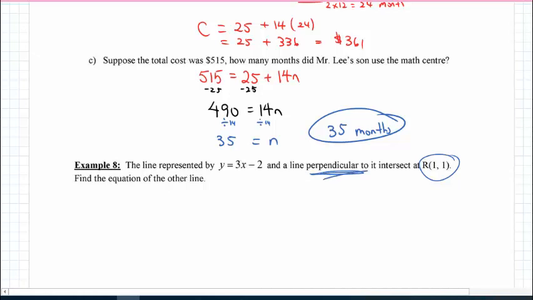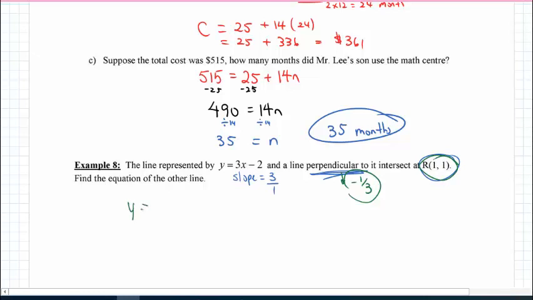So once again, where's my slope here? Yeah, the slope is the number 3 or 3 over 1. So the perpendicular slope would be what? Yeah, the negative reciprocal. Good. So it says that the other line is perpendicular, so it has this slope, negative 1/3, and also intersects, so it goes through this point.